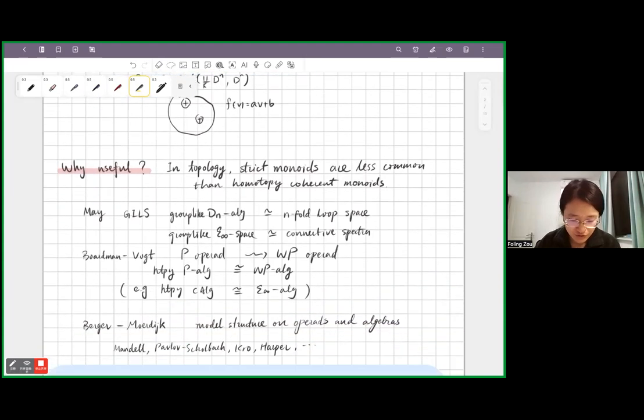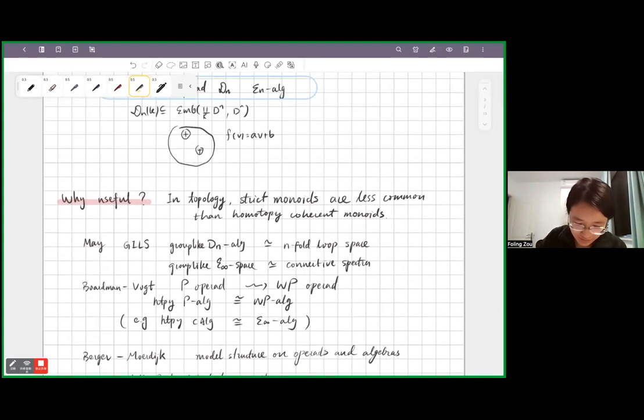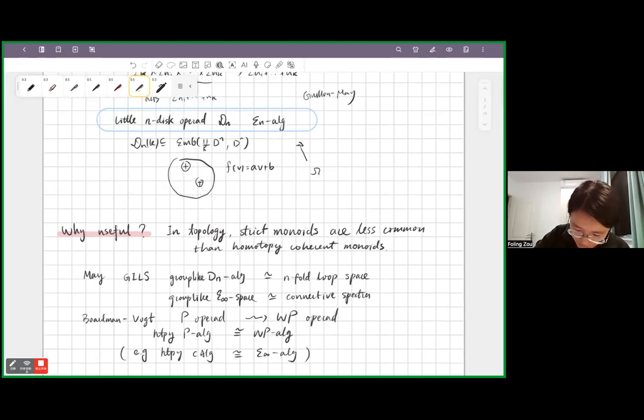And why is this notion useful? In topology, strict monoids are very rare and they are less common than the homotopy coherent monoids. So for example, n-fold loop spaces are always examples of algebras over D_n, and they can be thought of as monoids in some way. This is the reason why the n-th homotopy group is a group for n greater or equal to 1.